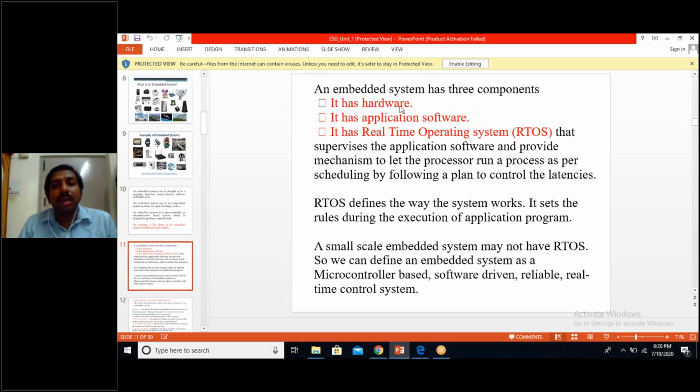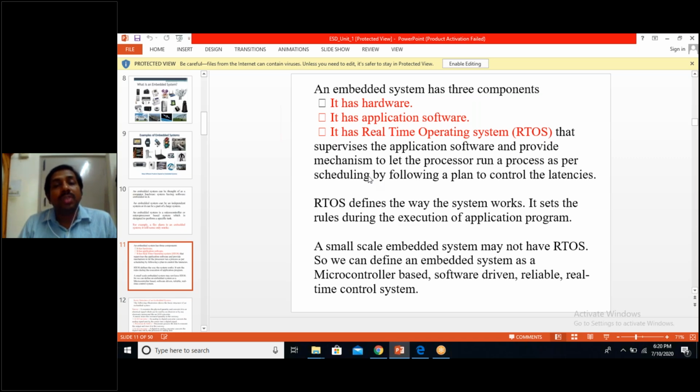So you have hardware, that is a processor, which is the core of the system, and application software, a program which is going to control the hardware. You require some sensors for input and actuators to give the output, and all of this is controlled by one real-time operating system.